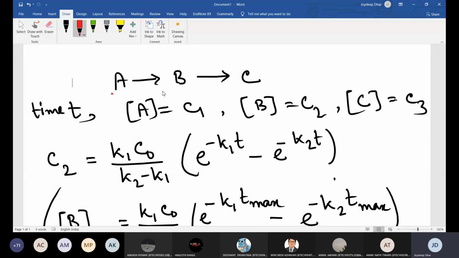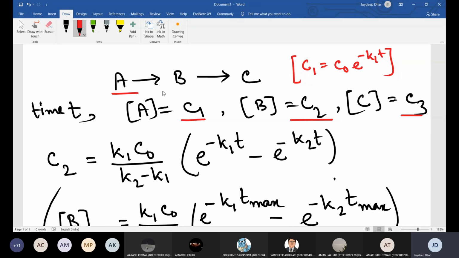So A will be the starting material, its concentration is C1. I already told, its concentration you can calculate by the first order equation. Then comes B, the intermediate, its concentration is C2, and the final product is C3.